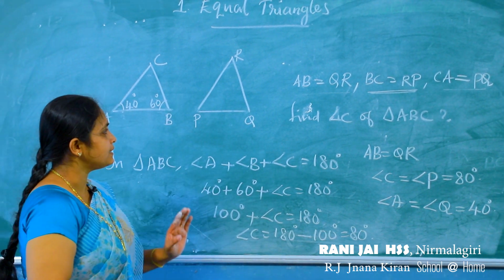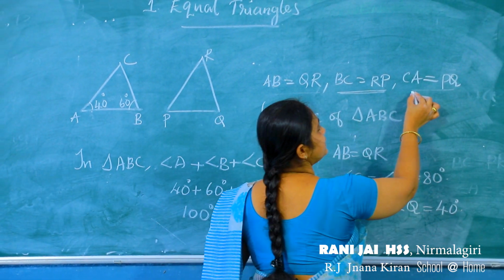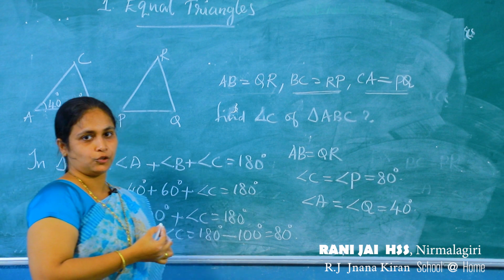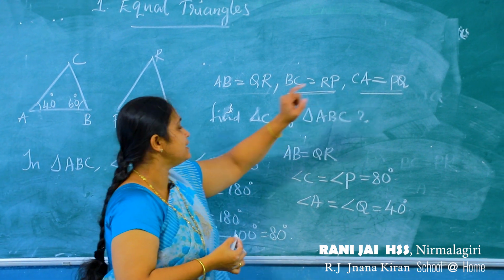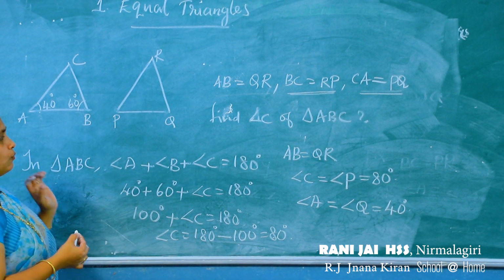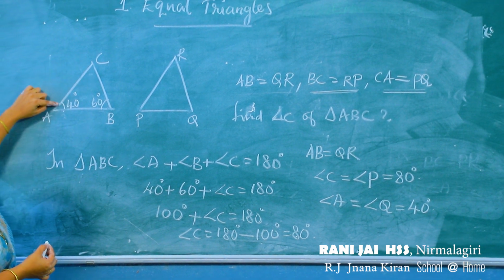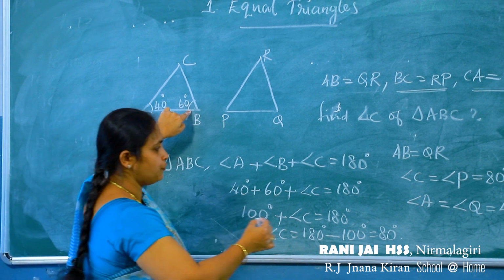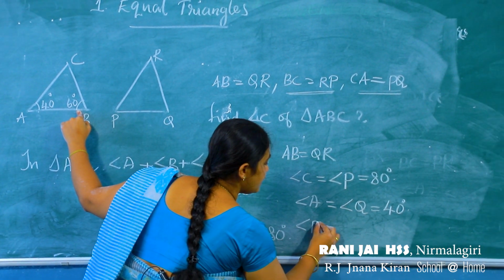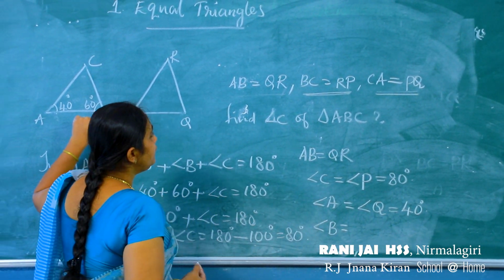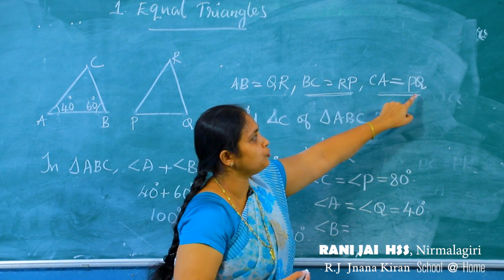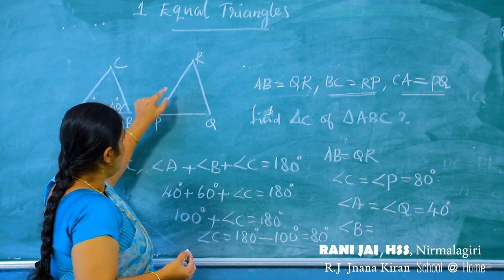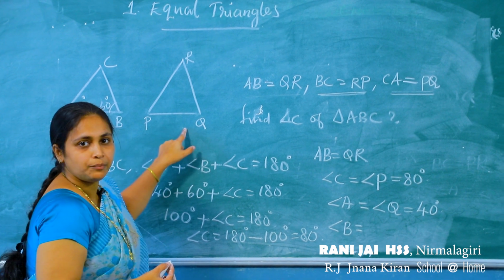Okay. Now consider the third side, CA equal to PQ. What is the angle opposite of this side CA? It is angle B. Therefore, angle B equal to, here CA equal to PQ, consider the side PQ.